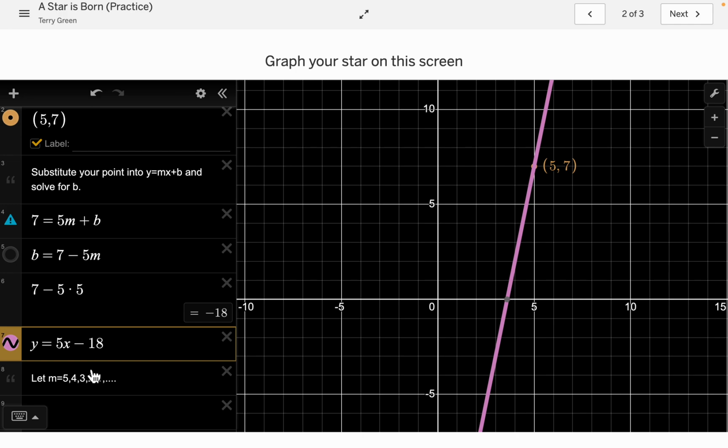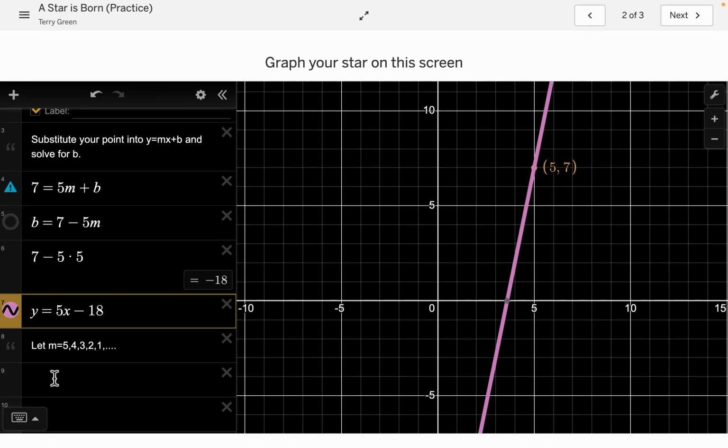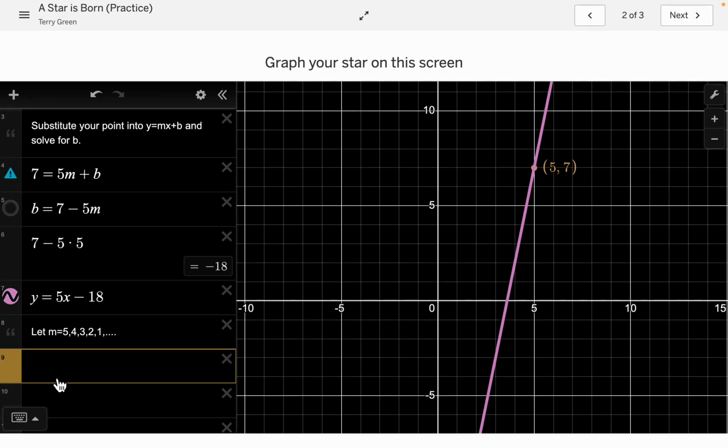Okay, so let's go ahead and let m be equal to 4 now. So if I let m be equal to 4, then I'm going to go back to this b equals 7 minus 5m, and I'm going to let m be equal to 4. So I'm going to get 7 minus 5 times 4.